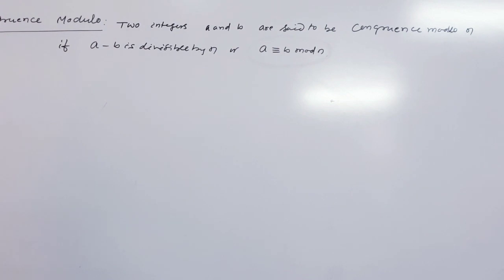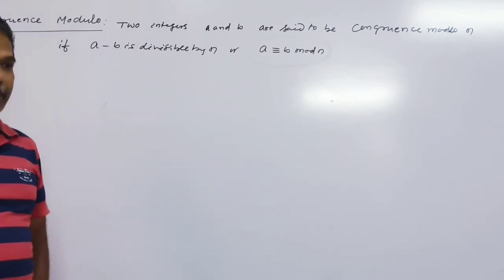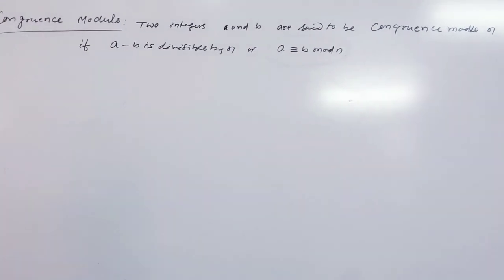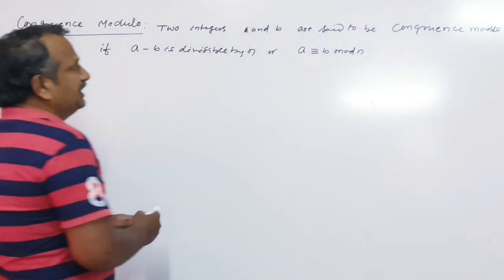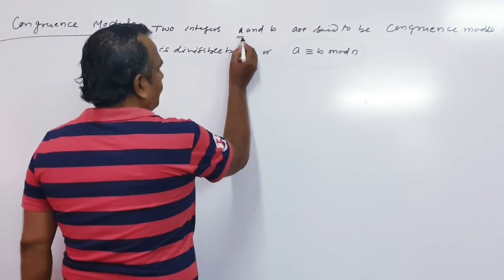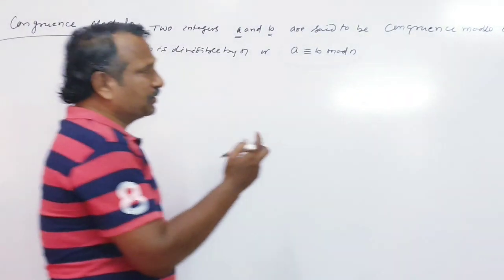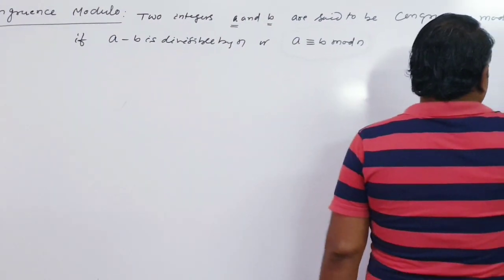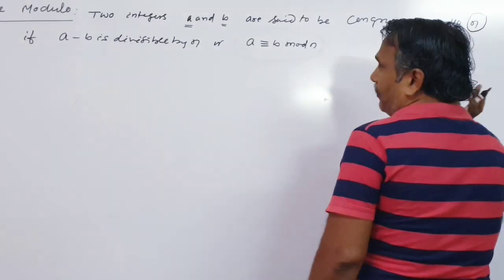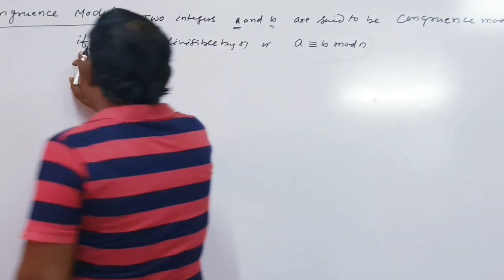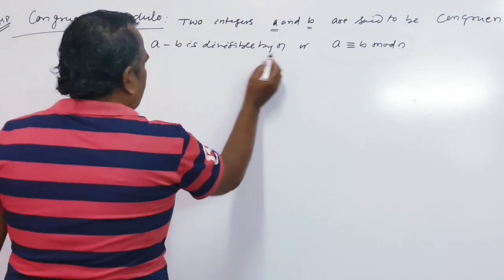Now another definition is congruence modulo. Okay. Now this is very important. Let us say a and b are two integers. They are said to be congruent modulo n, n is a natural number, if a minus b is divisible by n.